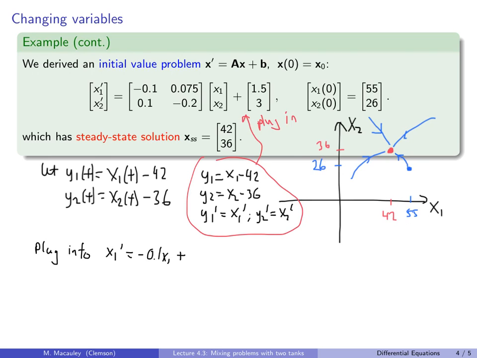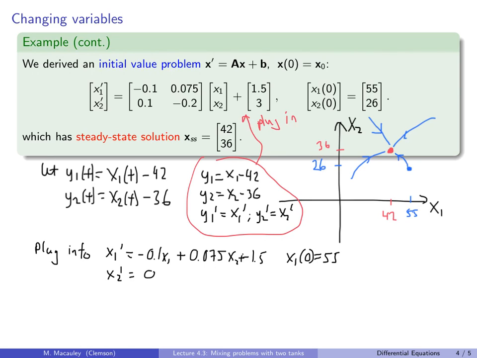Let me just write it out. x1 of 0 equals 55, and then x2 prime, same thing here.